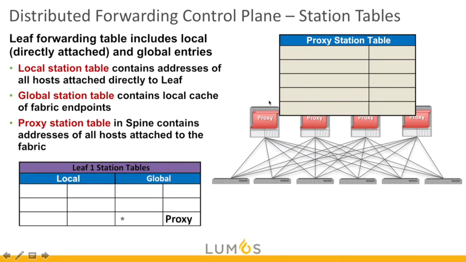And this is part of the Council of Oracles protocol, COOP. The Council of Oracles protocol is a very simple protocol. It has 2 lines in the actual protocol definition. Line number 1: if you're a citizen in ACI, the leaves are considered citizens. Citizens are not required to know everything. Leaves are not required to know everything, but they are required to, if they learn something, tell an oracle.